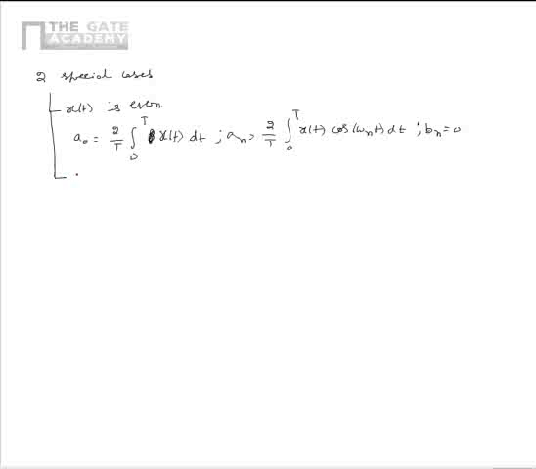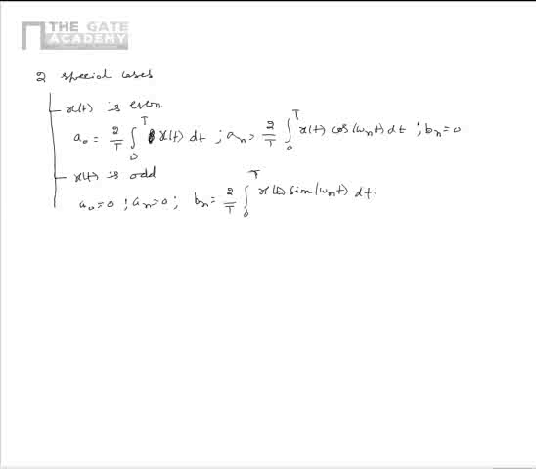If the signal x of t is odd, then a0 is equal to 0, an is equal to 0, and bn is equal to 2 by t integral 0 to t x of t sine of omega nt dt.